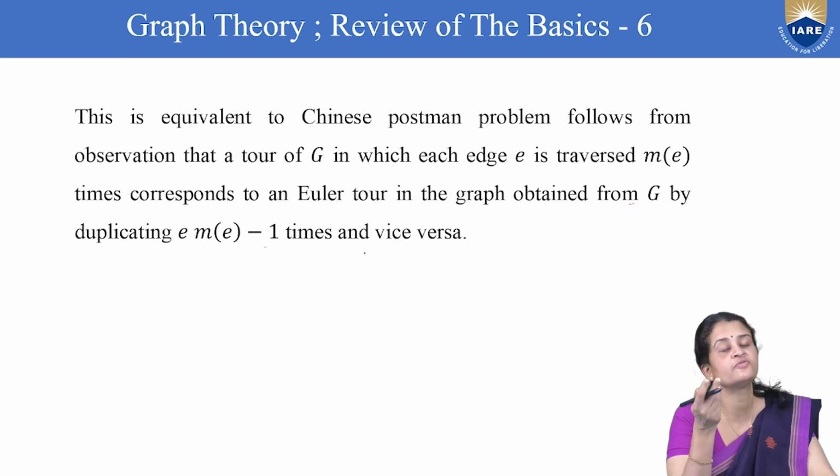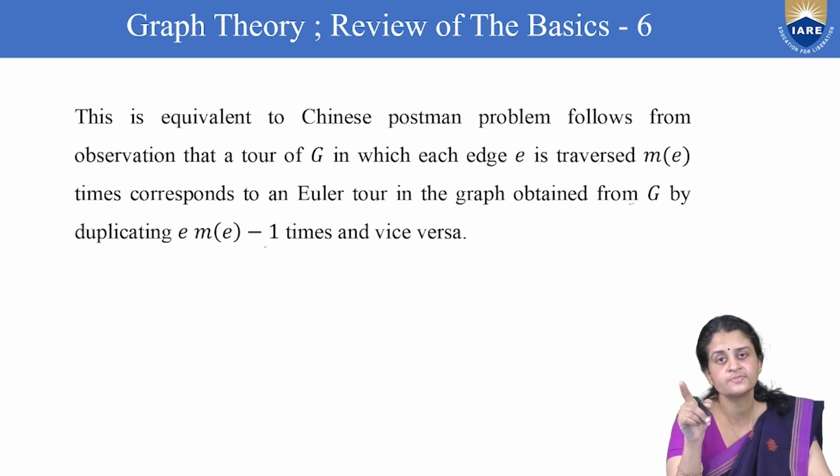And if we are duplicating the edge E m minus 1 times, then we can find an Euler tour through that edge m times. Here m is put to specify that edge E.